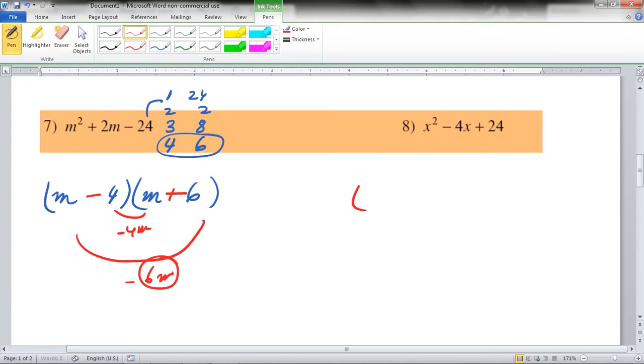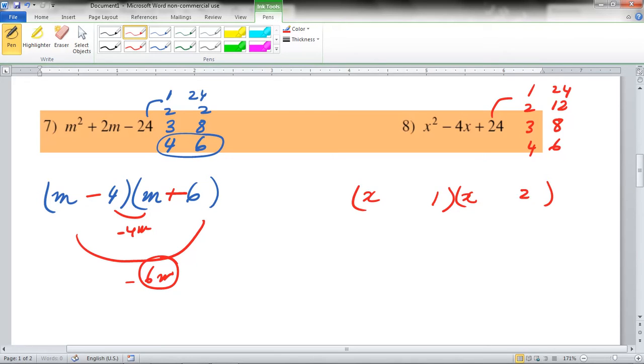Okay, let's try this one. So we put x over here, x over here. So this is 24. 1 and 24, 2 and 12, same thing as before, 3 and 8, and 4 and 6, correct? All right. So they have to add or subtract to give 4, okay?